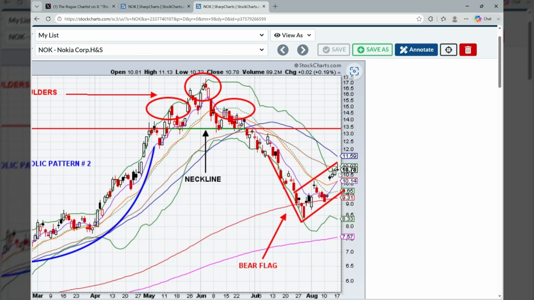So looking at it a little closer, I think the reaction highs are done now, because of this candlestick. It looks like a Dragonfly Doji to me. So it tested the upper trend line again, which was the reaction high, and then came back down.